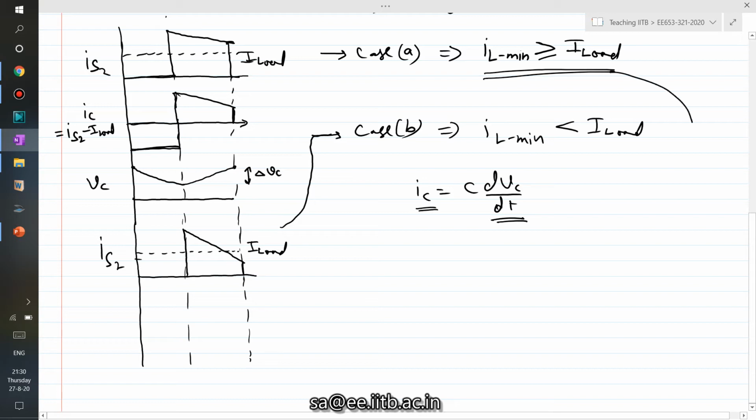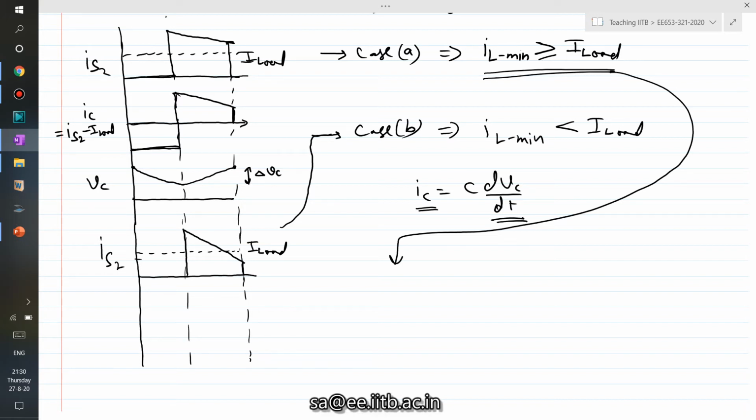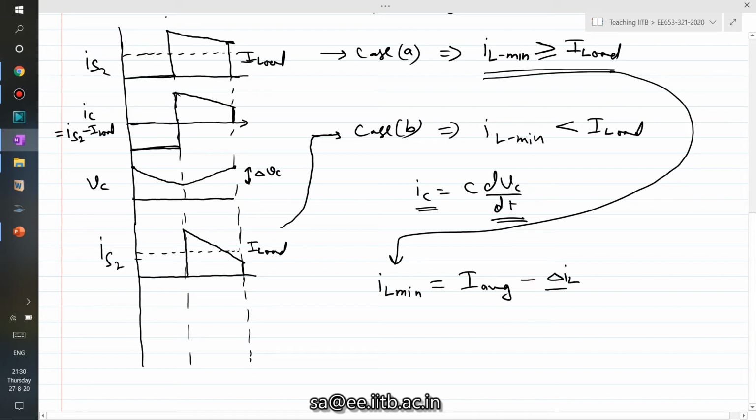So let's first simplify the condition which decides whether you are operating in case A or case B. I can rewrite my inductor current minimum as the inductor current average value minus the ripple component of inductor current upon 2, and I want this to be greater than or equal to the load current average value.